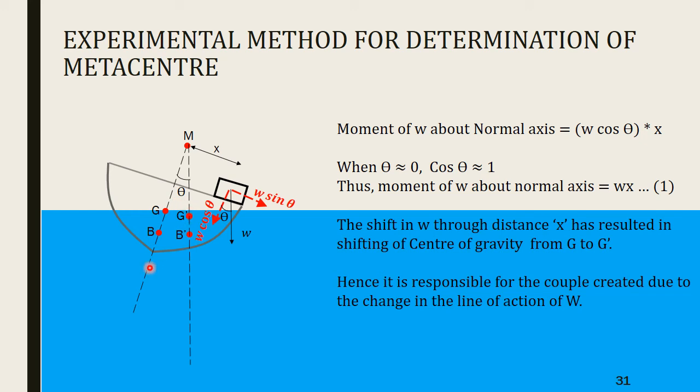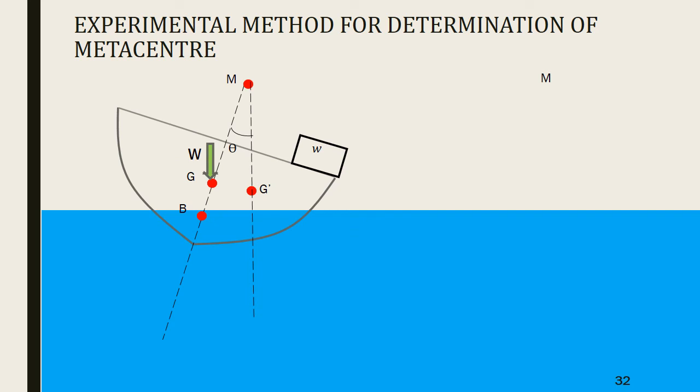The thing that is responsible for creation of this couple is the shifting of the small block, small w. So here, initially capital W was acting through G. Now it has shifted to G dash. So when you want to shift a force to a point that does not act along its line of action, then I'm going to draw two capital W cancelling each other at G dash.